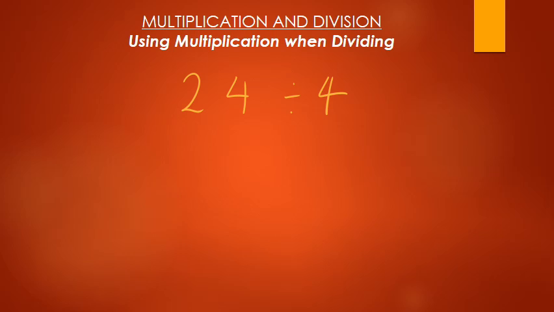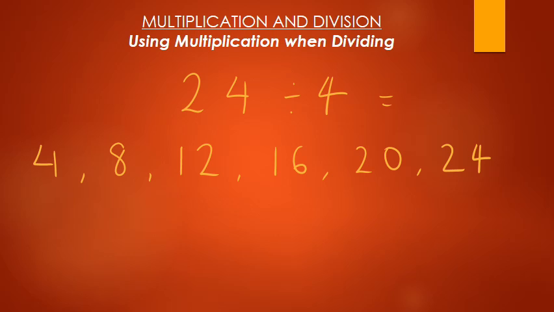Skip count by 4s to find how many 4s are in 24, or use multiplication facts. 4, 8, 12, 16, 20, 24. There are 6 4s in 24, so 24 divided by 4 equals 6. Can you think of another example where multiplication is used to solve a division fact?